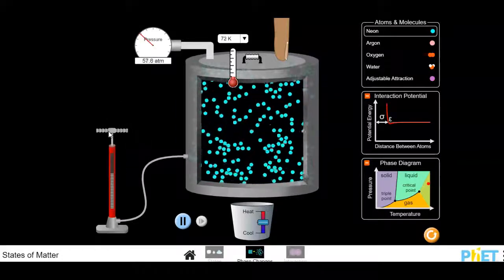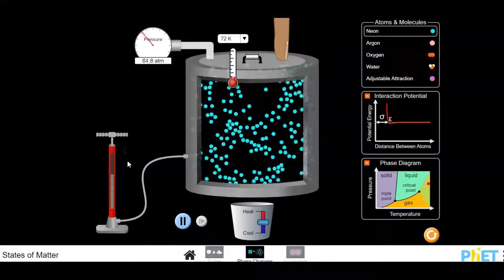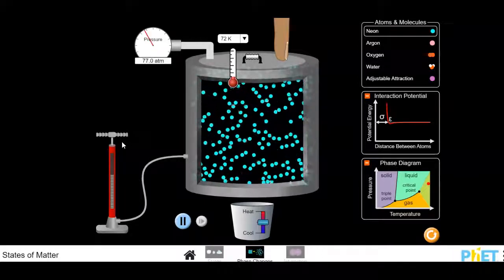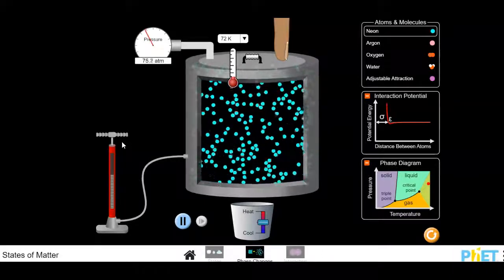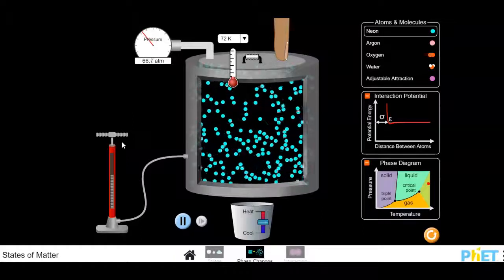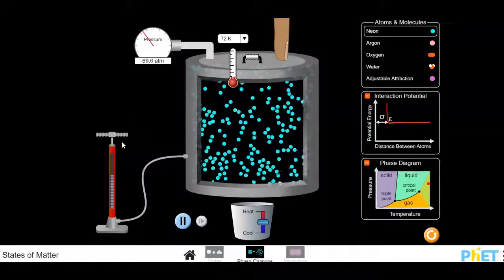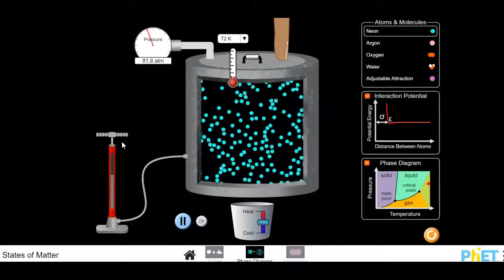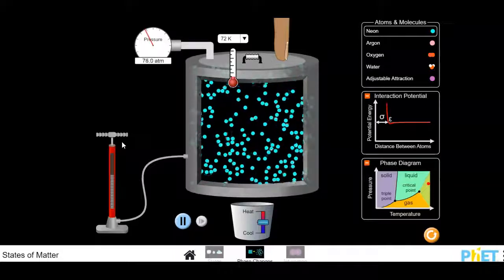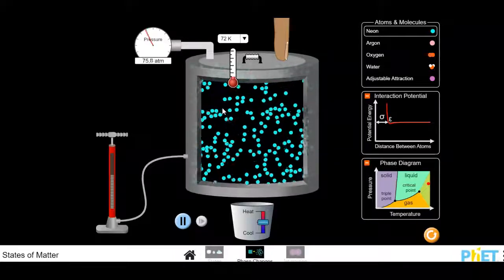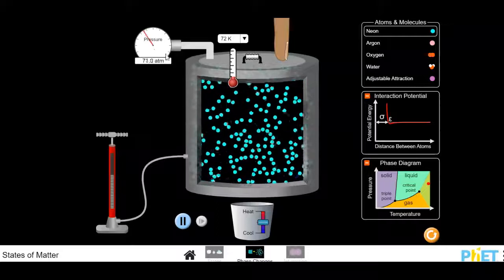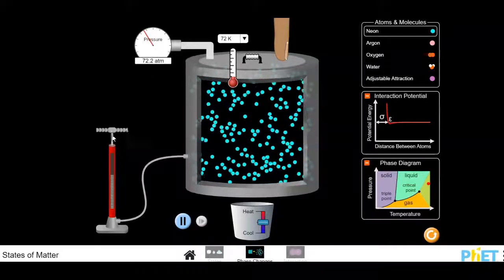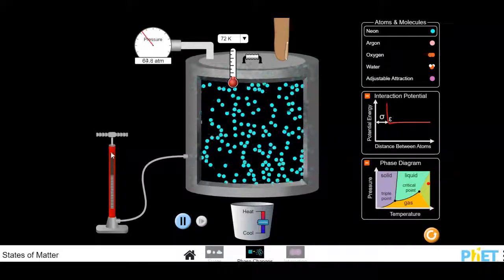Okay, so hopefully you've realized that the pressure is increasing as I pump in more atoms. And the reason for that is we saw before that there is a little spike in pressure every time one of those gas atoms hits the container wall. So if we have more gas in the container, that means more collisions, that means more pressure, right?